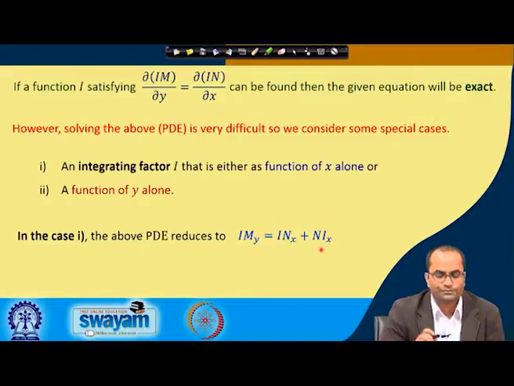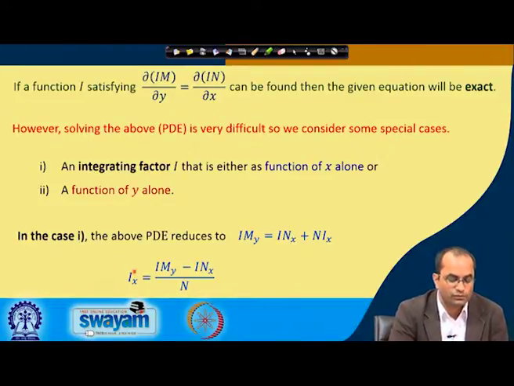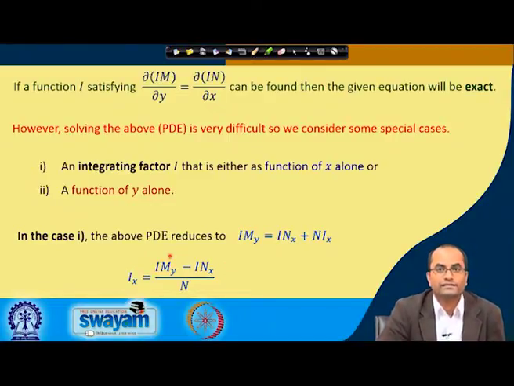So, we have this rather simplified form of the given differential equation, which tells us that I_x is nothing but (I M_y minus I N_x) divided by this N. But again the purpose is not solved, because here dI/dx, I is a function of x alone, so this is the derivative dI/dx. If the right hand side is not a function of x, then we cannot solve, because we will get an inconsistency.